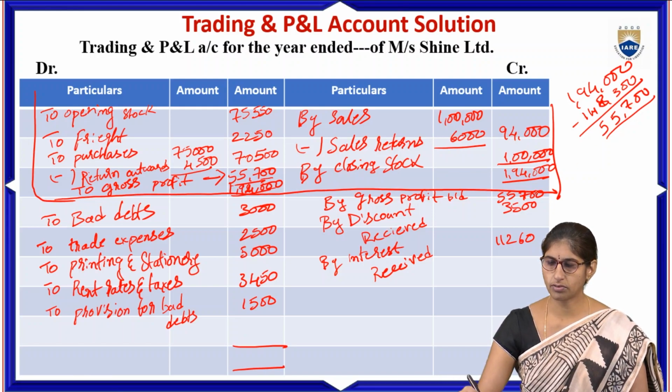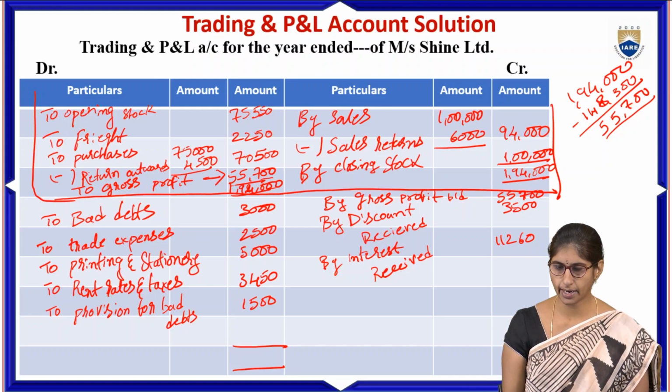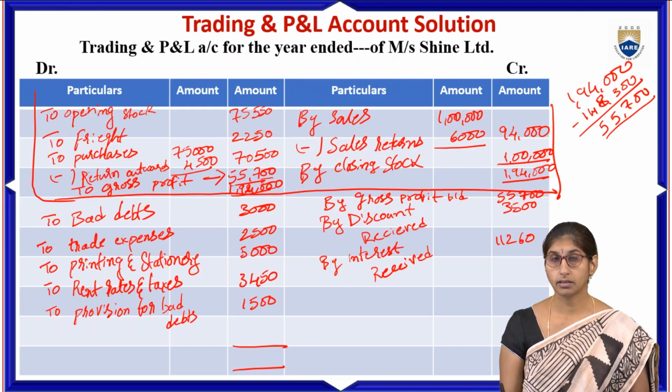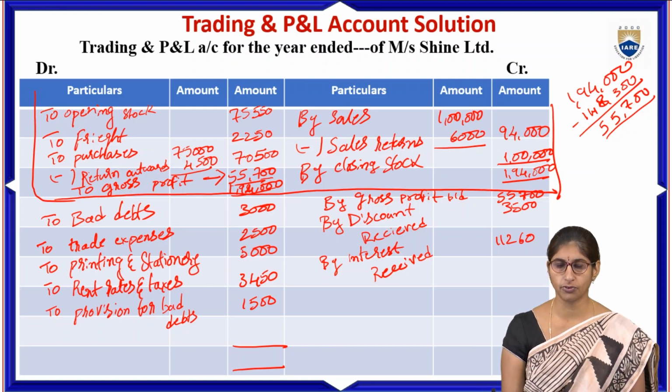So 55,700 plus 11,260 plus 3,500. Sorry, the total of credit side of profit and loss account is 70,460.